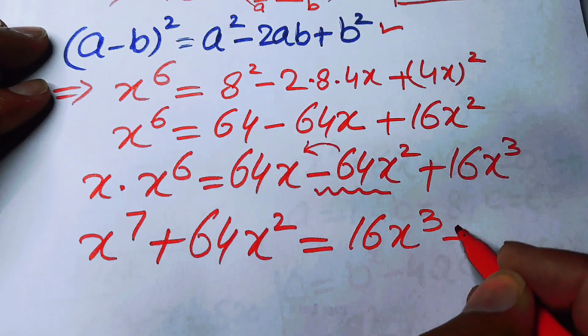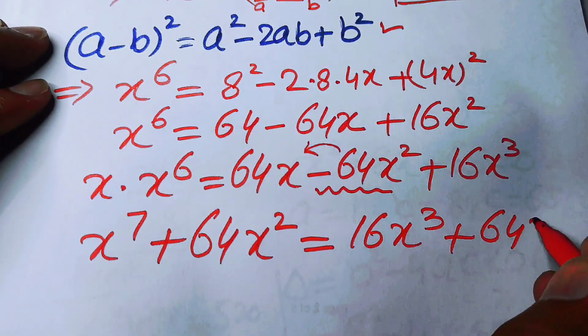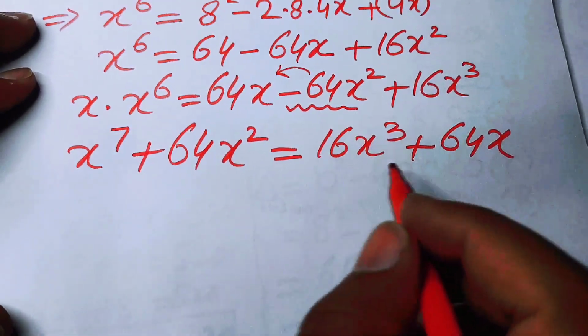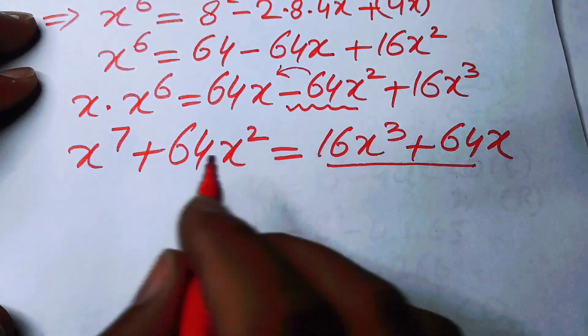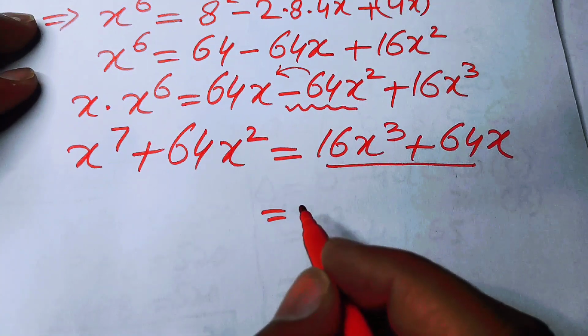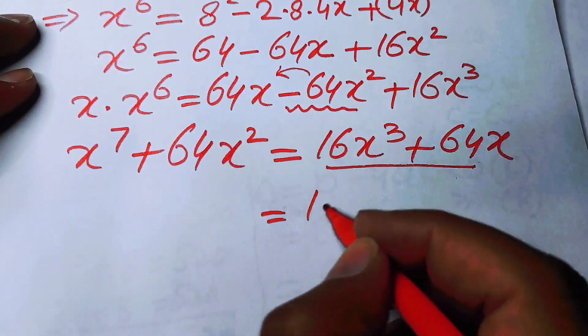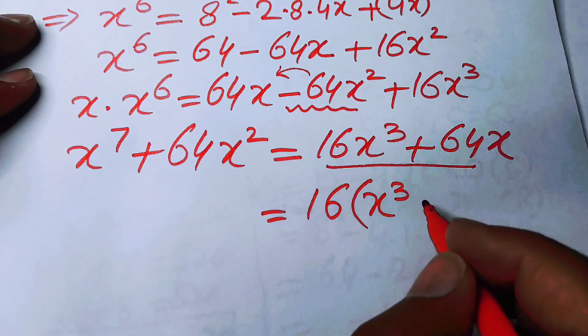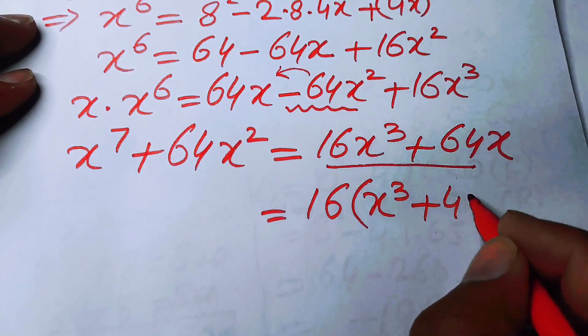After that we simplify the right hand side, because the left hand side we have made, and now we can take 16 common, and it becomes x to the power of 3 plus 4x.